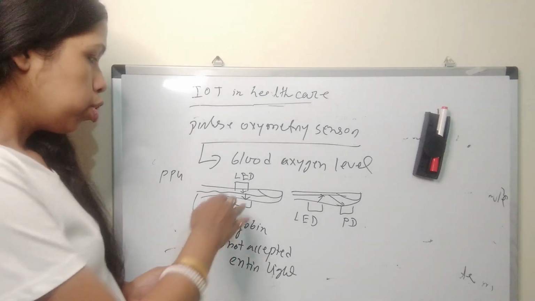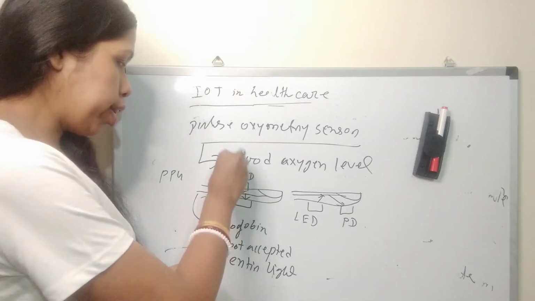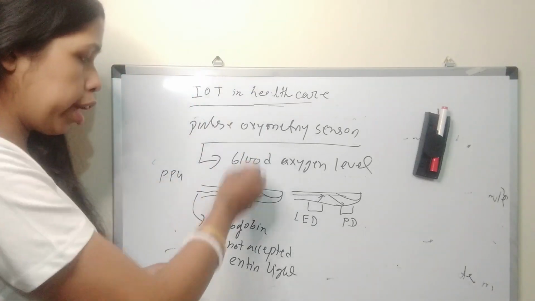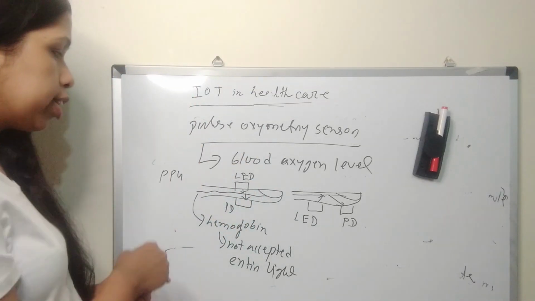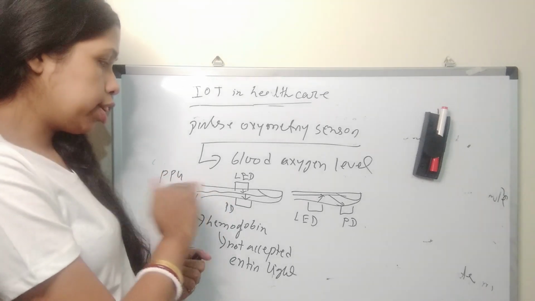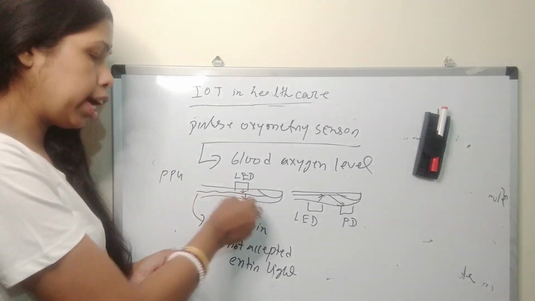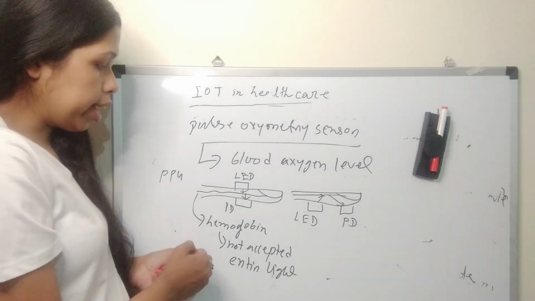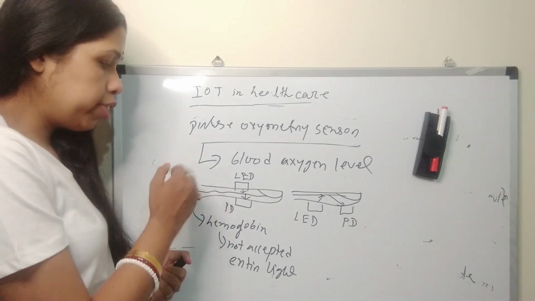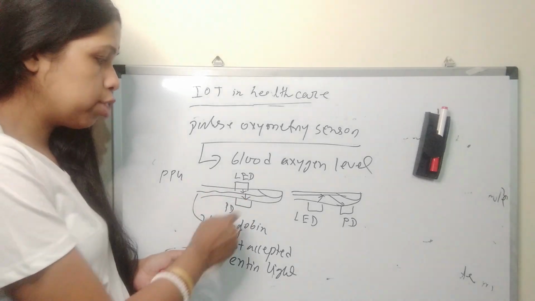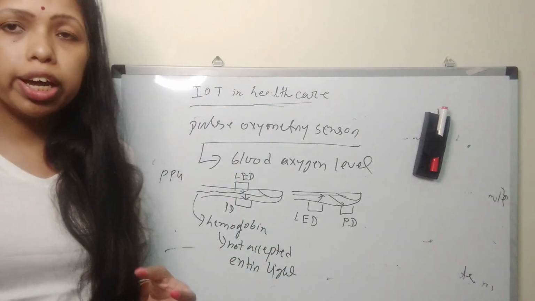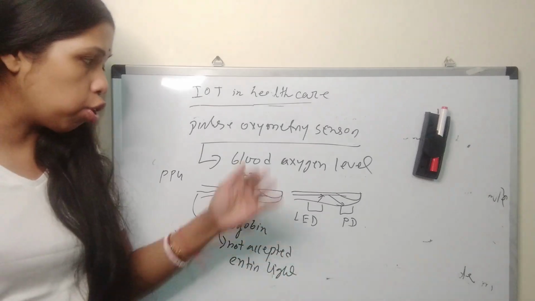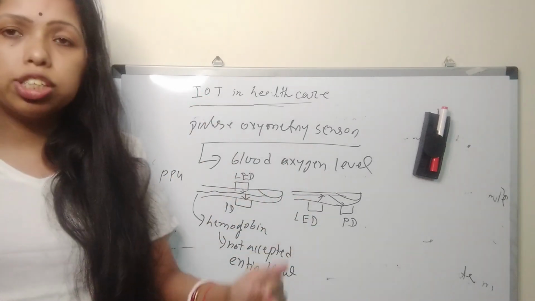Suppose 10 milliwatt of light is passing. If there is constant hemoglobin, suppose 9 milliwatt is absorbed by the photodiode. If there is a change in the hemoglobin level, 8 milliwatt will be absorbed by the photodiode. So this variation gives the change in the oxygen level.